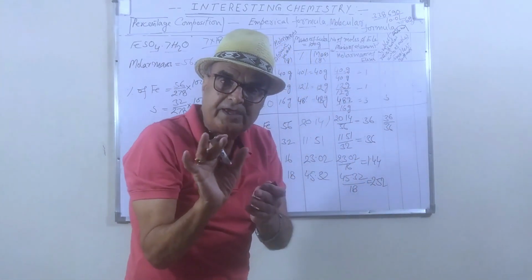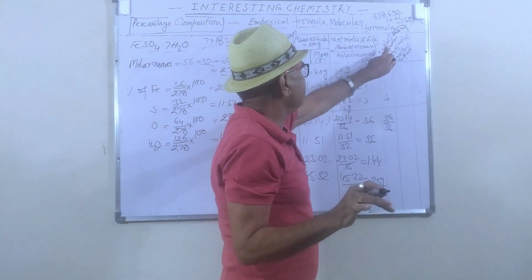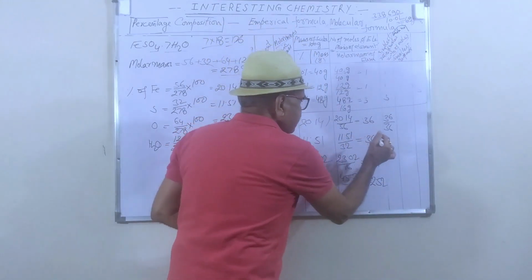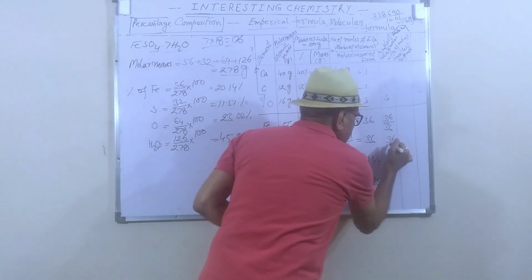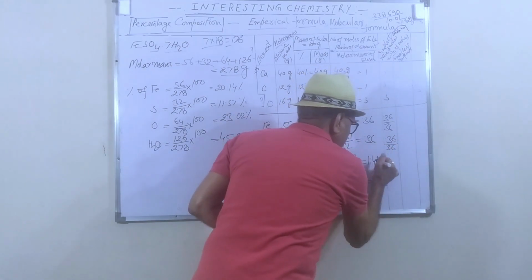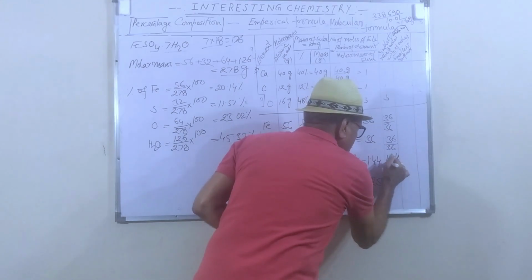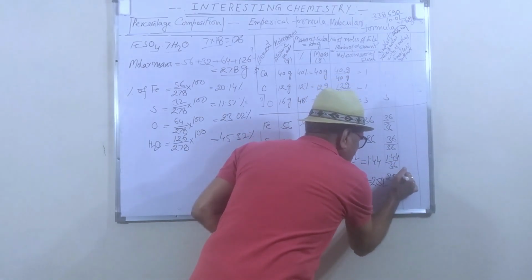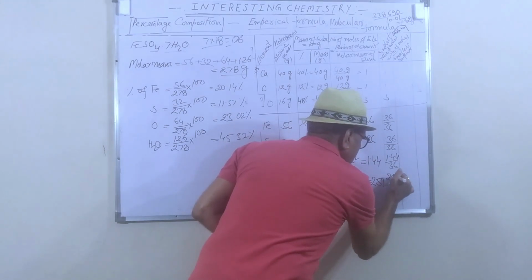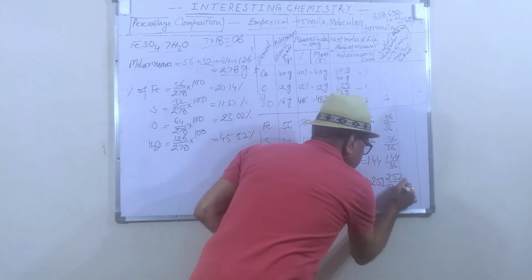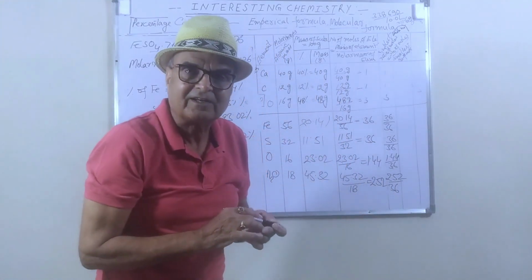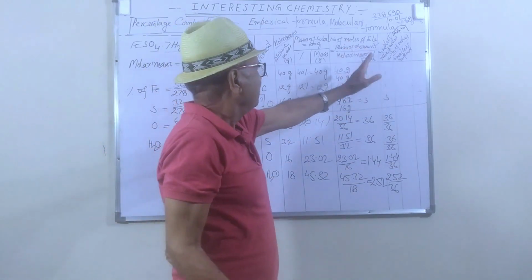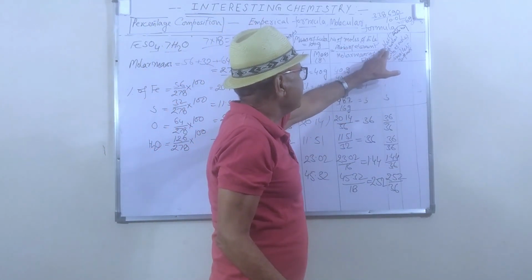This is the way to find out the simplest ratio of moles. So 0.36 upon 0.36, and 1.44 upon 0.36, and 2.52 upon 0.36.